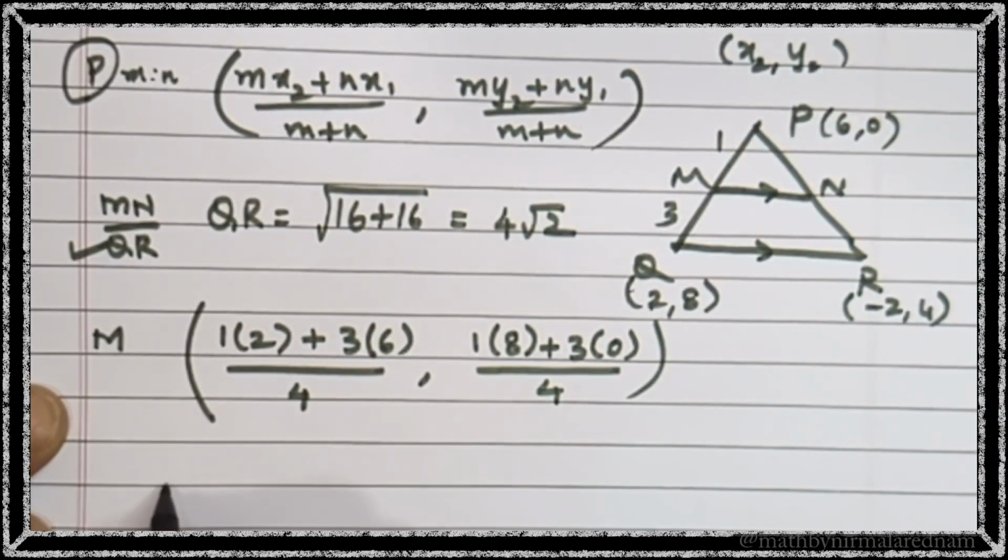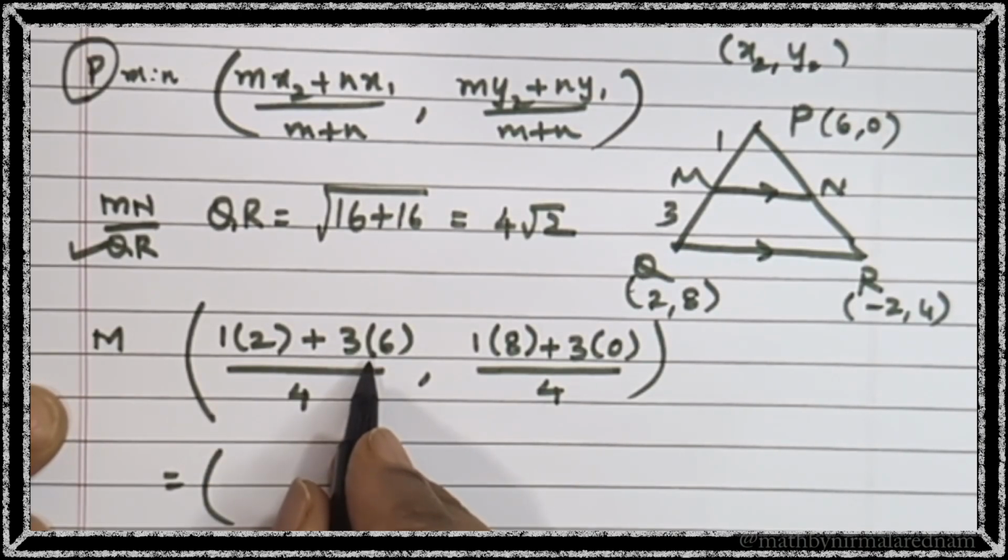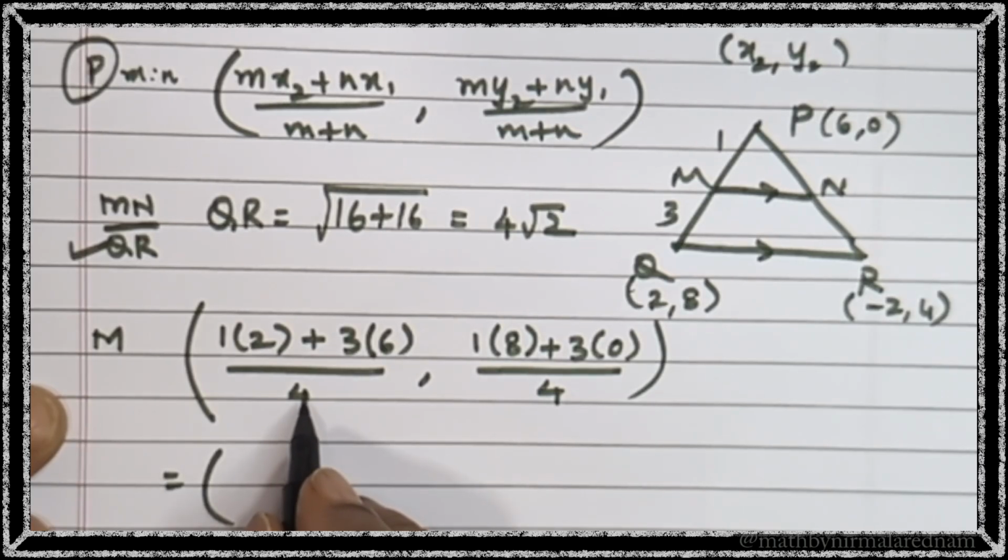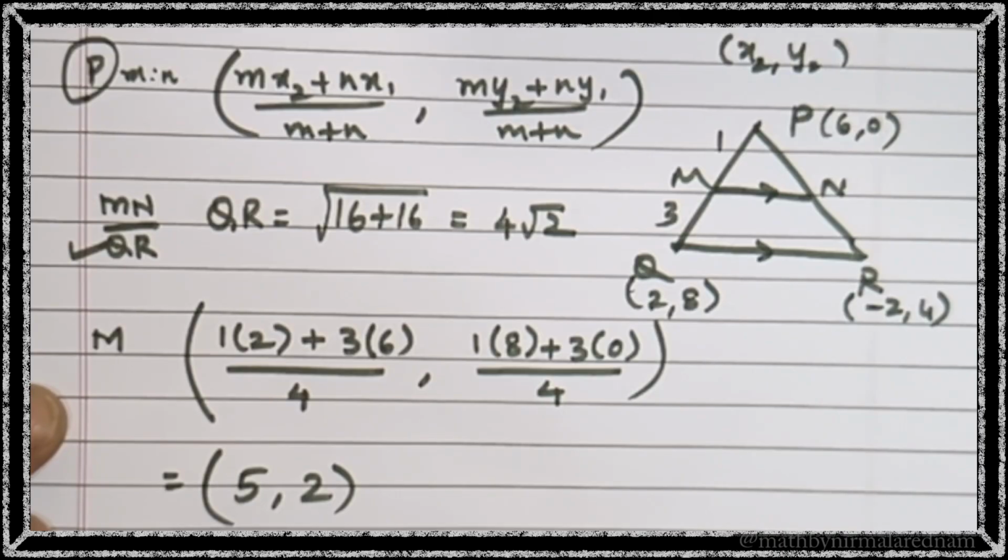So this is simply 2 plus 18 is 20 by 4 is 5, right? And 8 by 4 is 2. This is my point M.